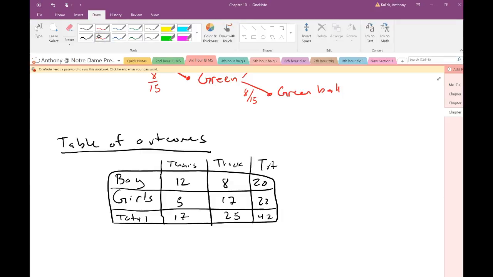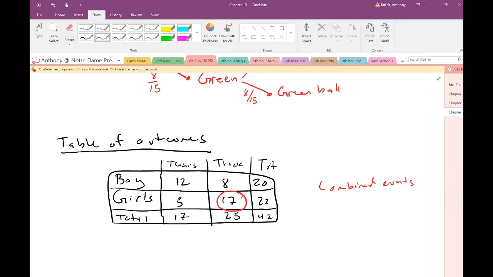What this is really useful for are situations where you can have combined events. So suppose I wanted to find the probability of choosing a girl or a track athlete. You have to be careful because there are girls who are also track athletes.